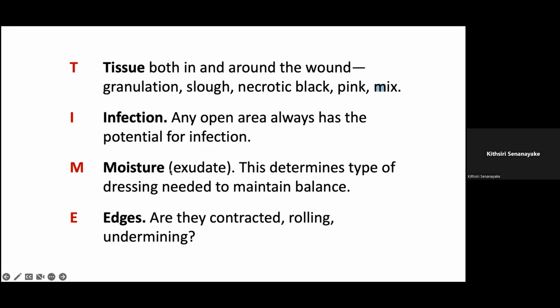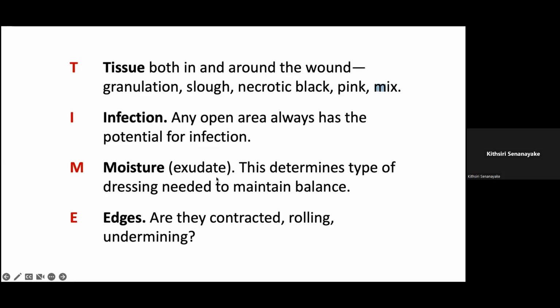And one thing, as Dr. Thushan said, you need to think about the tissue, right? Whether this is granulation, slough, necrotic, and so on. You need to see whether there's an infection or not.